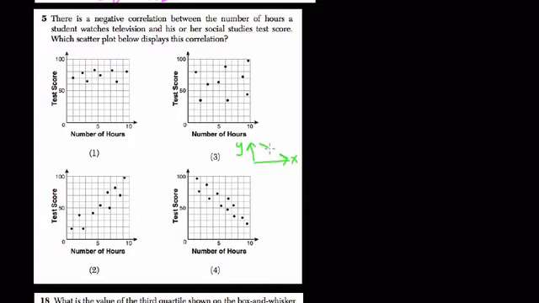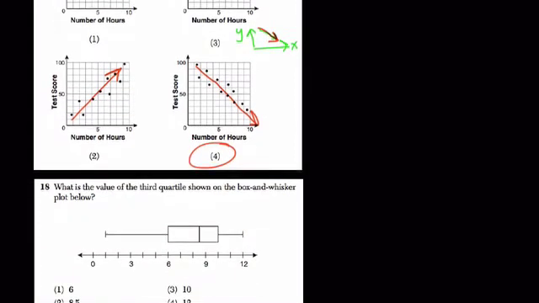As x increases, y decreases. That's what a negative correlation looks like. So any graph where the trend is essentially going down in height as x is increasing, which is number 4. Every other one, like this is a positive correlation, this is a 0, this is really no correlation because it's just all over the place. So here I pick number 4.